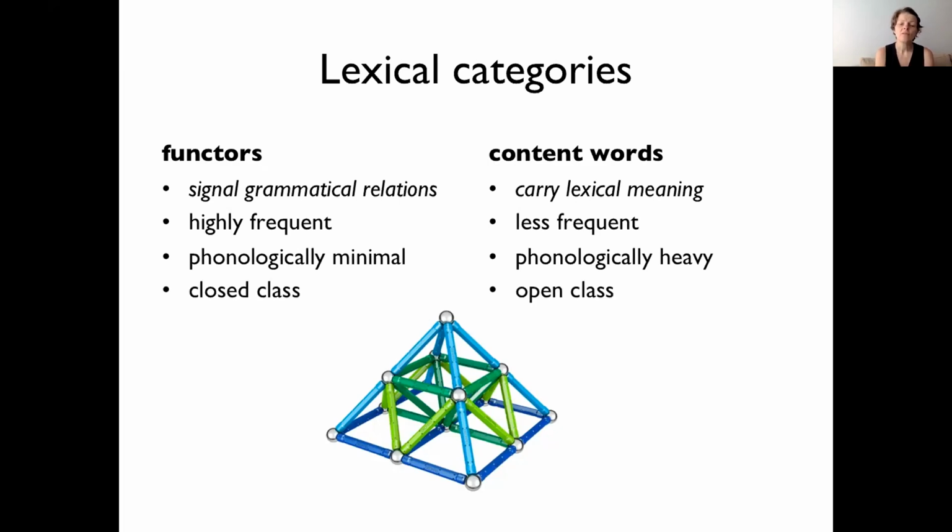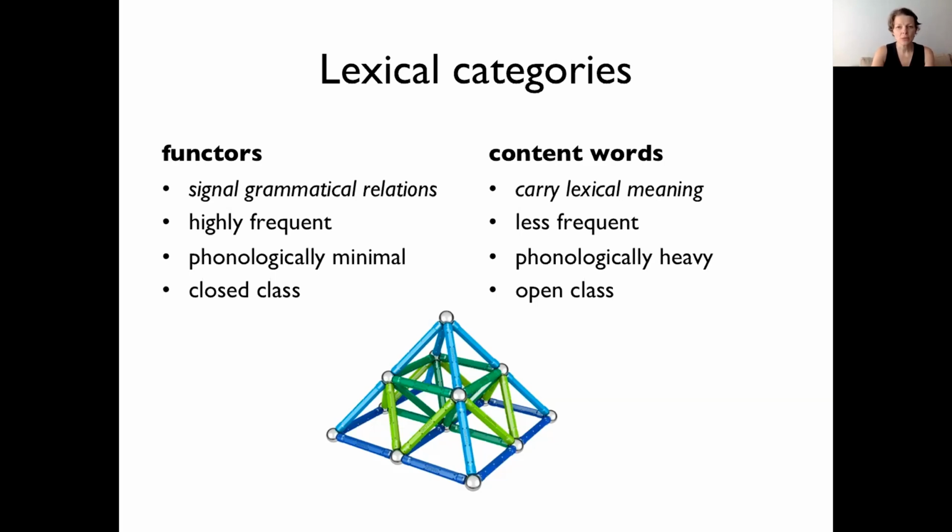And finally, functors constitute closed classes, which means that you cannot just invent a new functor very easily. That requires historical change, whereas content words come up anew every day, like COVID or iPhone or many others.